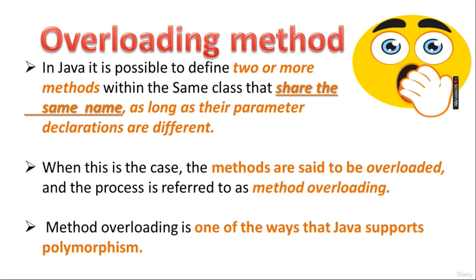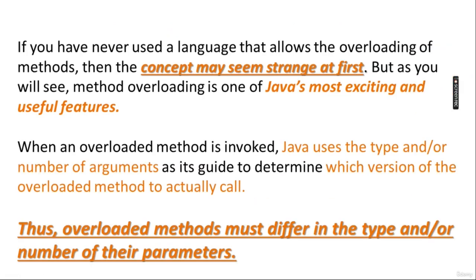Method overloading is one of the ways that Java supports polymorphism. Polymorphism is a main key concept of Java, that is one name, multiple forms, and that is achieved using method overloading. If you have never used a language that allows overloading, it may be strange to you how multiple methods can have the same name.